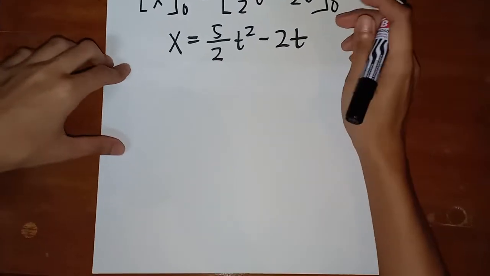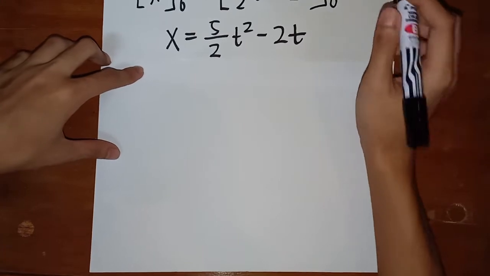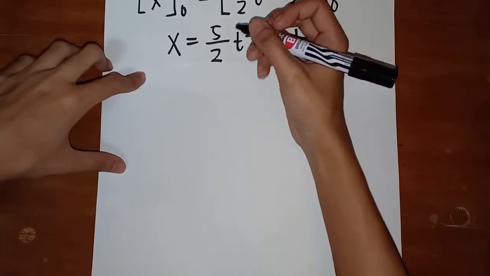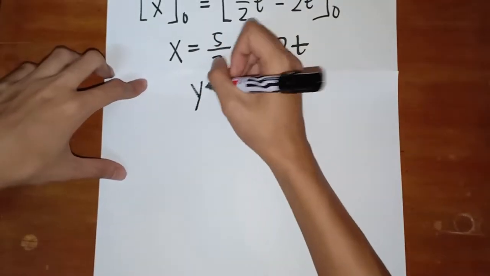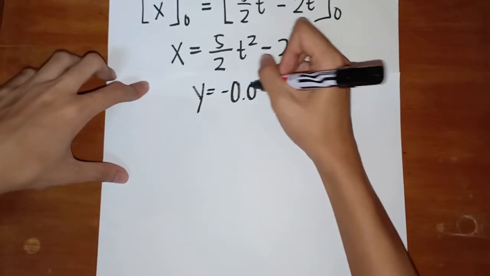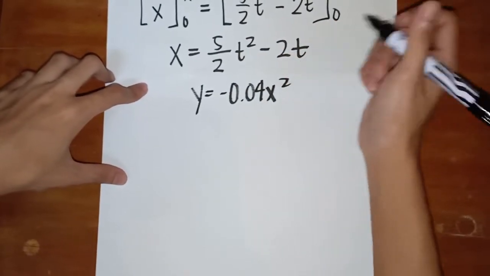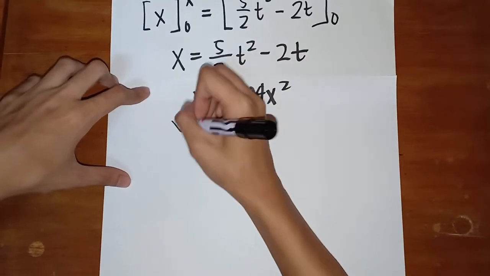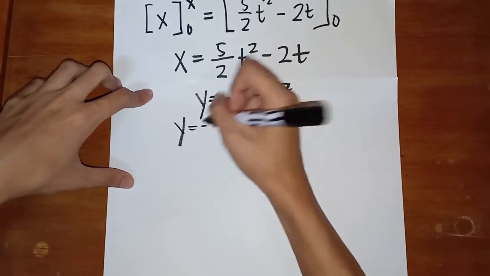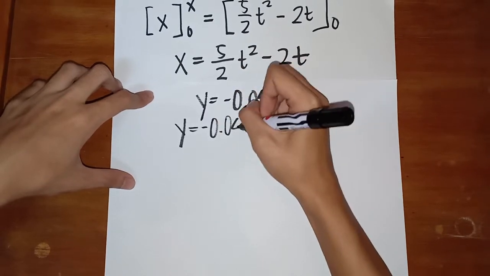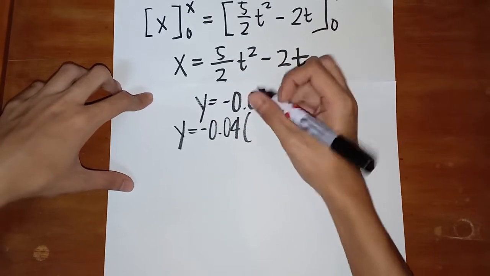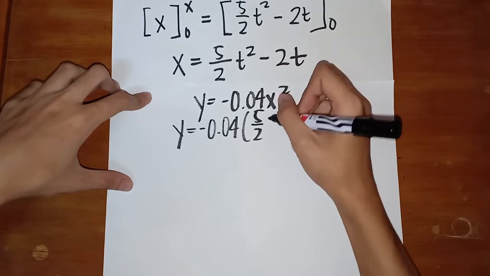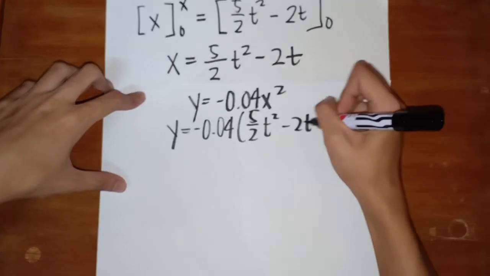Ngayon, kukunin naman natin yung y component ng position. Gagamitin natin yung parabola na y is equal to negative 0.04x squared. So again, i-substitute lang natin yung nakuha nating x dito. Kaya makakuha tayo ng equation na y is equal to negative 0.04 times 5 halves t squared minus 2t squared.